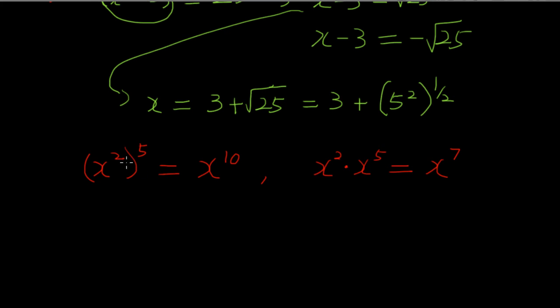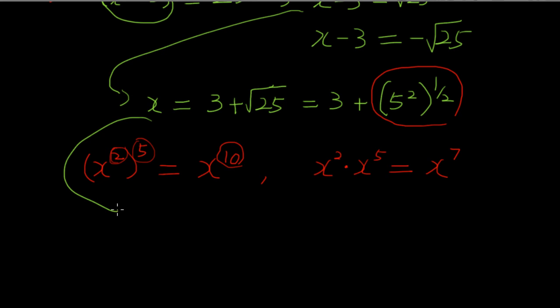So when we have x squared to the 5th power, exponent over exponent, we multiply these two, become 10. But when we multiply like this, then we add these two. So, let's take a look at this one right here.